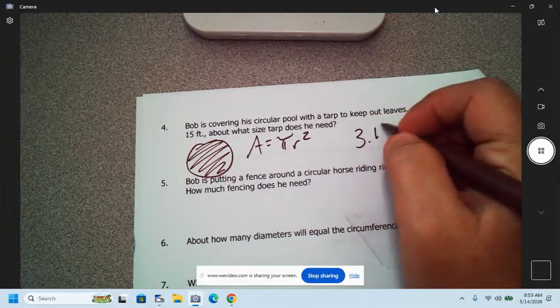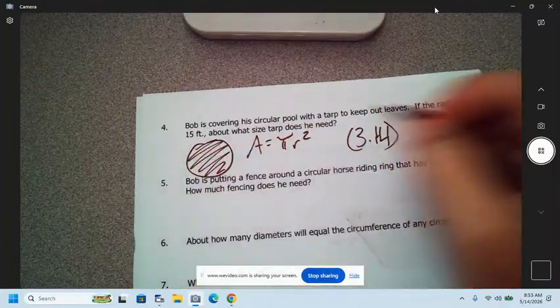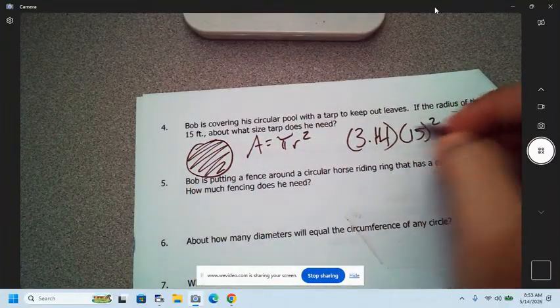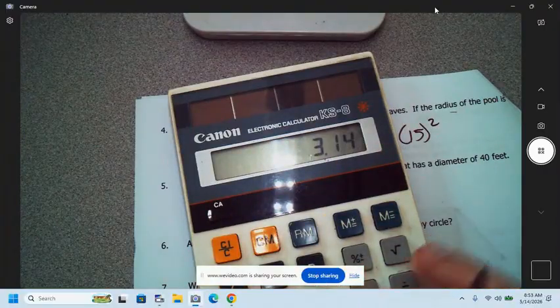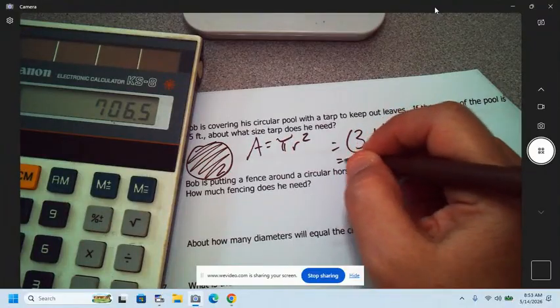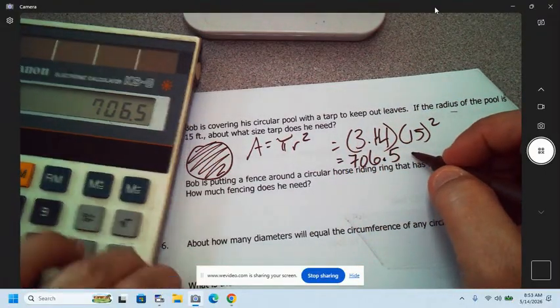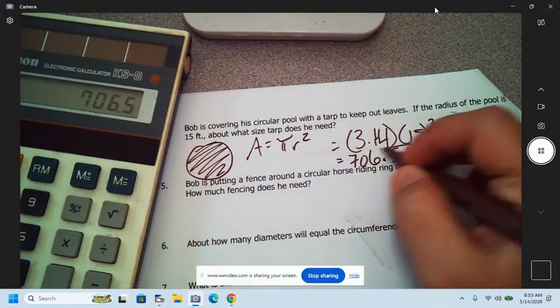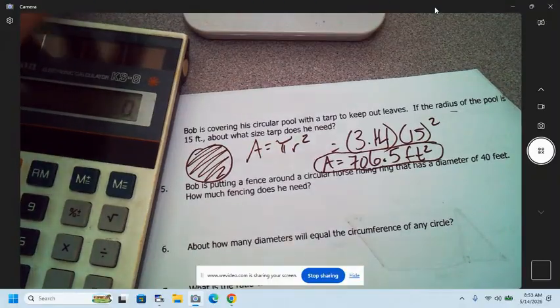So 3.14 times the radius squared. Well, it gave us the radius this time, which is nice. So that's 3.14 times 225. 706.5 feet. Is it feet? Yeah, feet squared. Can somebody confirm that number? Is that what you got?